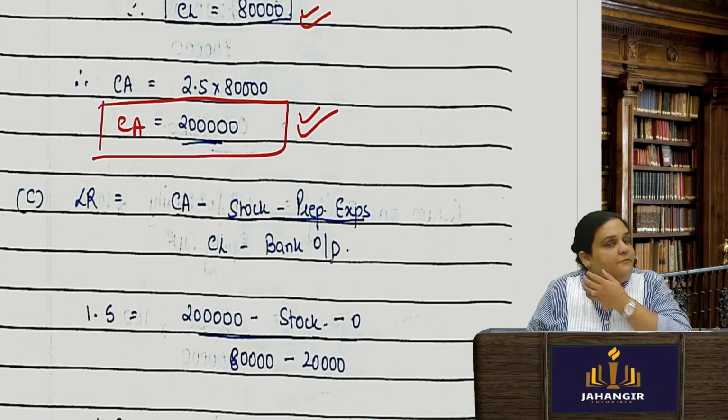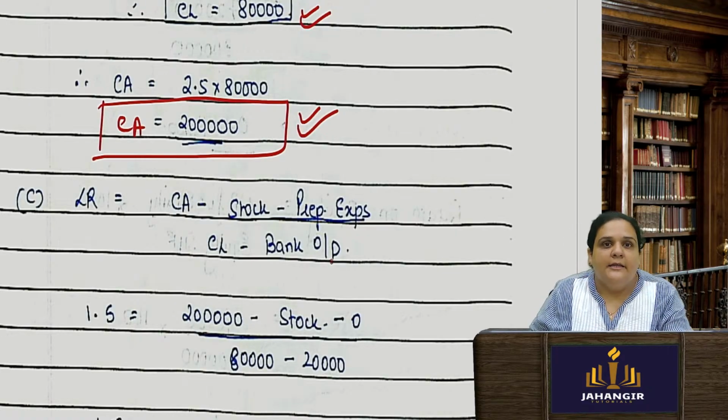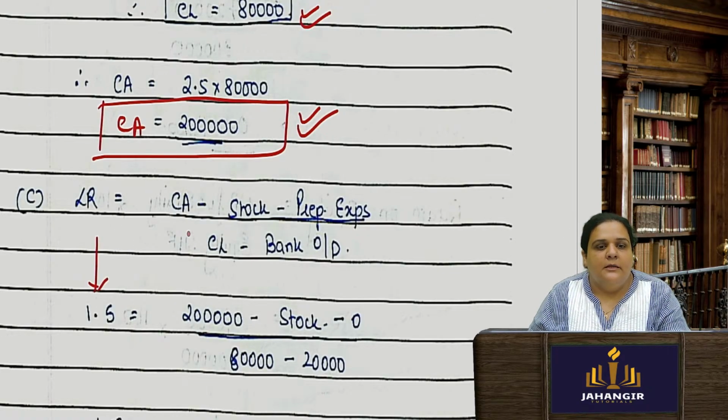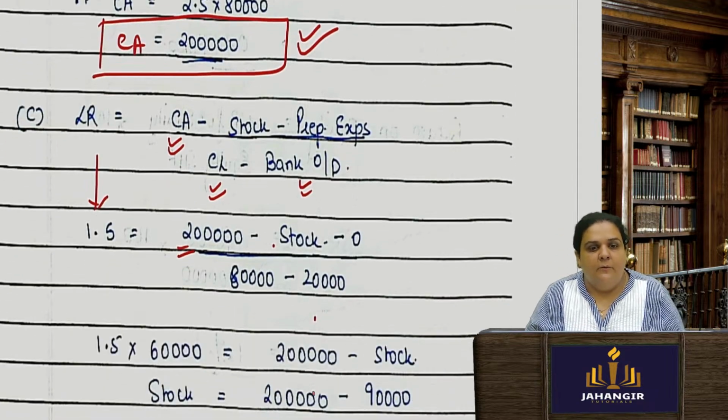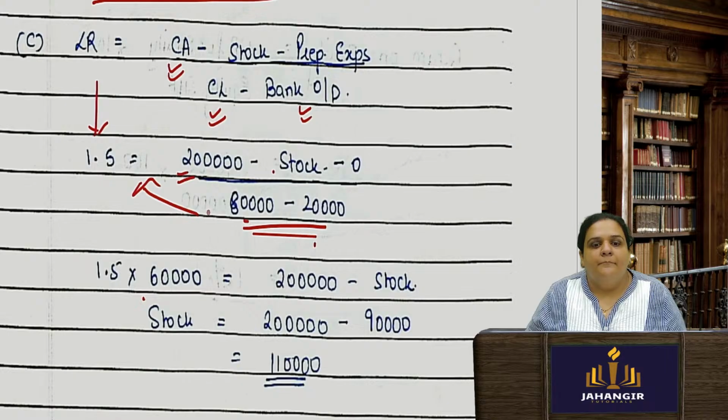Now in case of liquid ratio, I need stock. Liquid ratio is given. Current assets we just found out. Stock we don't know. Prepaid expenses is 0. Divide by current liabilities. Bank OD they have given me 20,000, so now I can do it. This is going to become 60,000. So 1.5 into 60, I'll take it on the other side, and 2 lakhs minus stock.